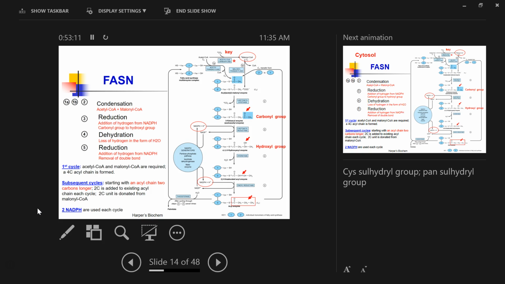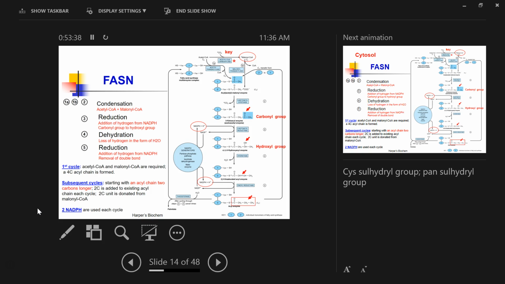The subsequent cycles start with an acyl chain 2 carbons longer, and 2 carbons are added to the existing acyl chain each cycle. The 2 carbon unit is donated from, remember, malonyl-CoA, not acetyl-CoA as you might expect.